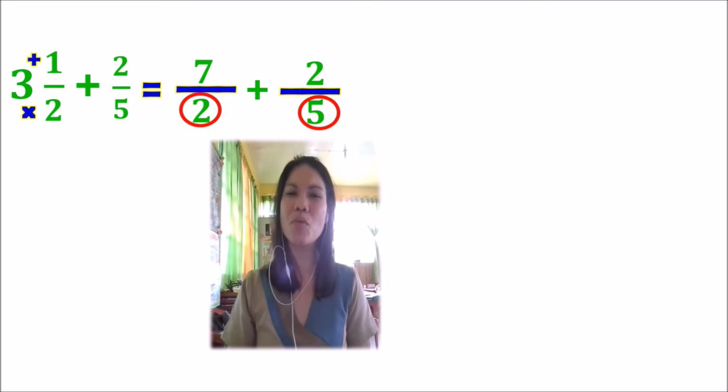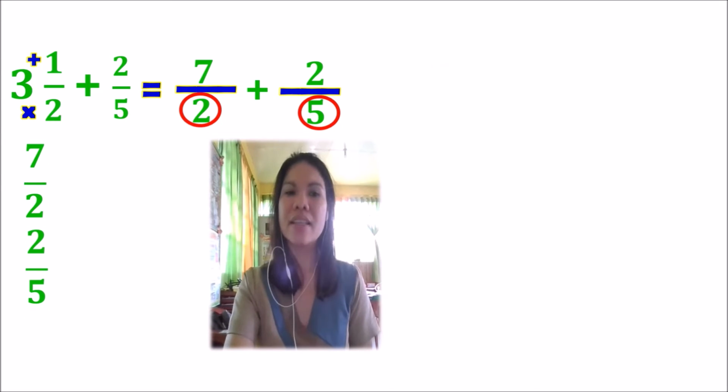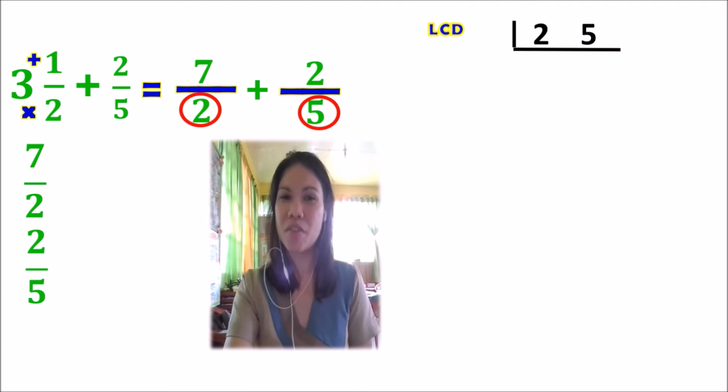And how are we going to find out its LCD? We are going to use our continuous division. So in our continuous division, our denominators are number 2 and number 5.